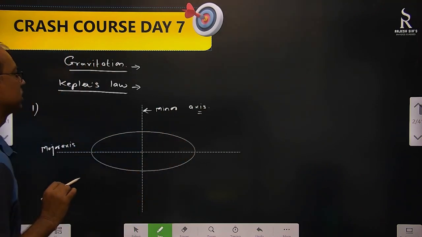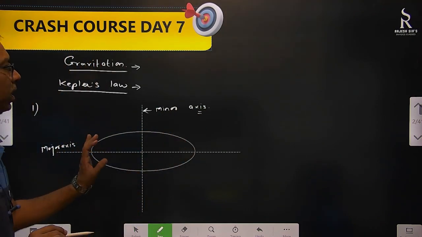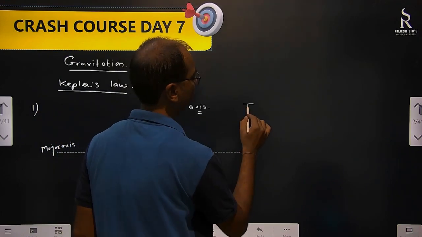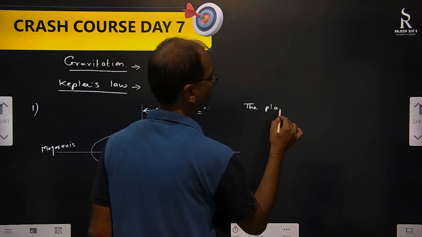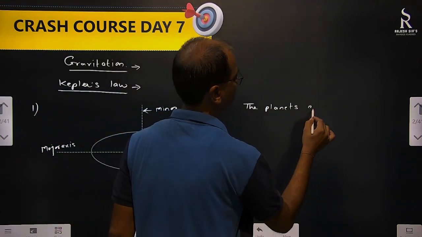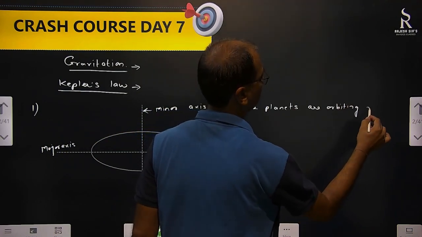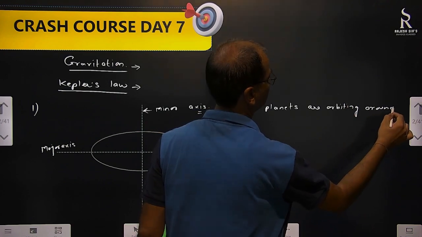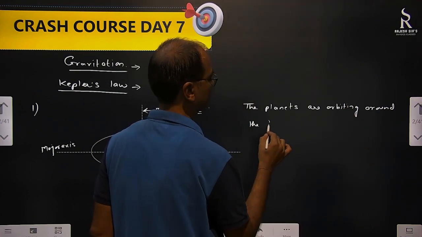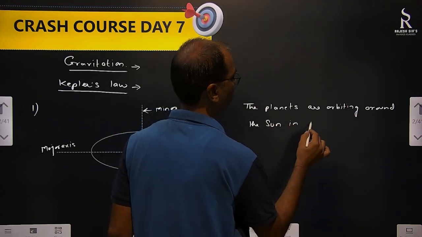So Kepler said that the planets are orbiting around the sun in elliptical orbit.